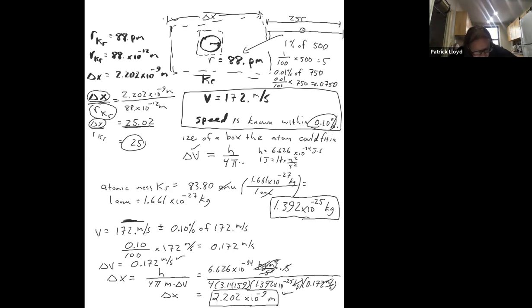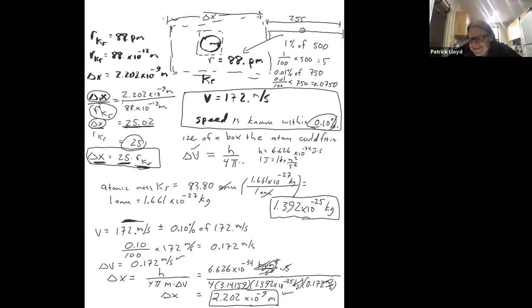And what that says, just mathematically, if I multiply both sides by the radius, I get 25 times the radius of the krypton, right? So by taking this ratio of uncertainty in position over the radius that's given, and multiplying both sides by the radius, you get this. And this says that the uncertainty in the position is 25 times larger than the radius of the atom. And there you go.